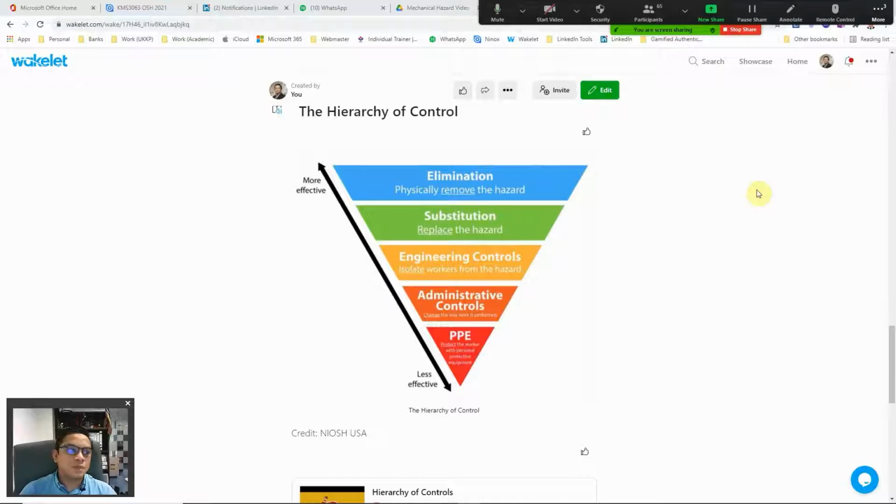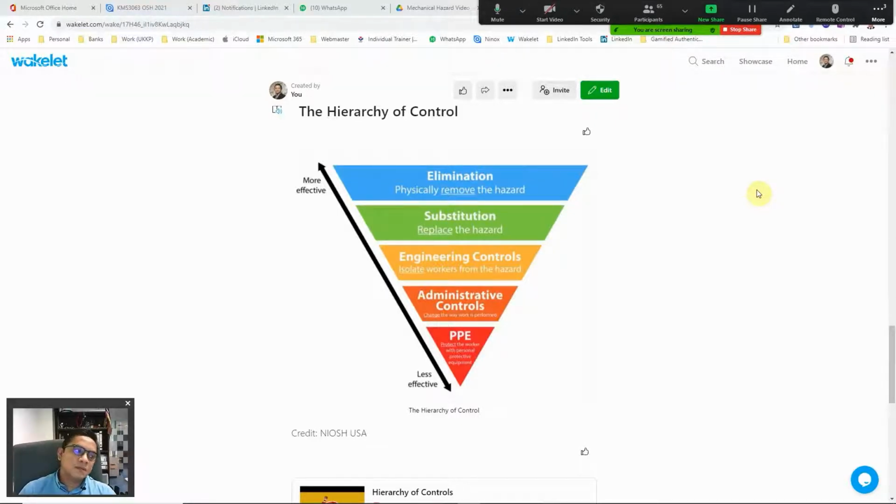If you see a snake and you are brave enough to kill it, go and kill it. When the snake is dead, the hazard of being bitten is no longer there. So elimination is the most effective way of controlling hazard. Make it gone.